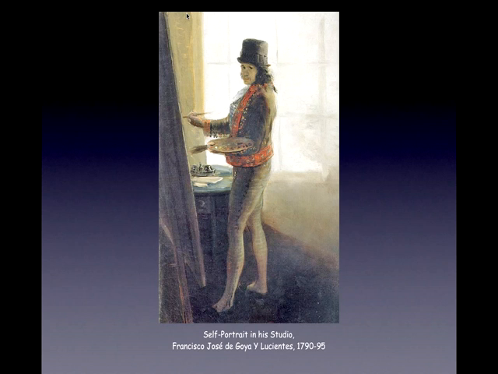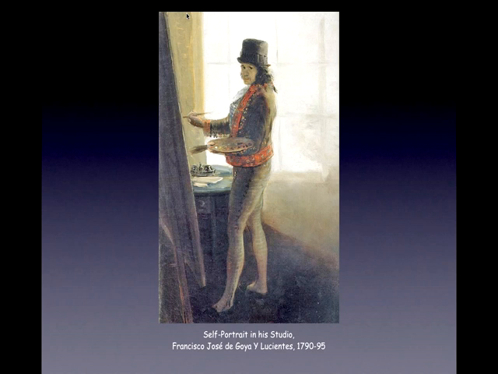Because of the starkness and drama of his mature work, of the works that really bespeak Goya, he's sometimes called a romantic, but in fact, as I've said, he was a realist.